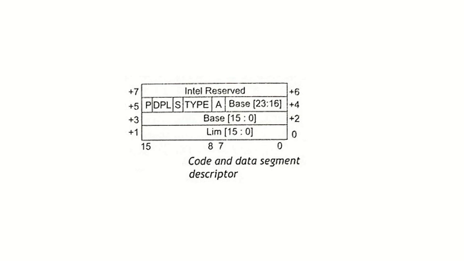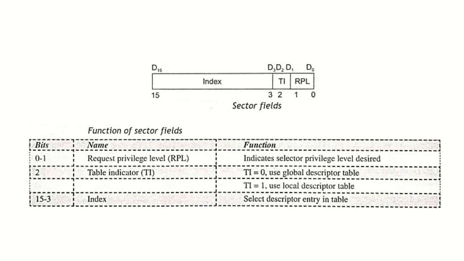Then only you are allowed to access a segment, whether it is a code or data segment. So this is the kind of protection available from 286 onwards. We have discussed what is real mode, what is protected mode, what is virtual mode, what is in 386, what is x86 mode.